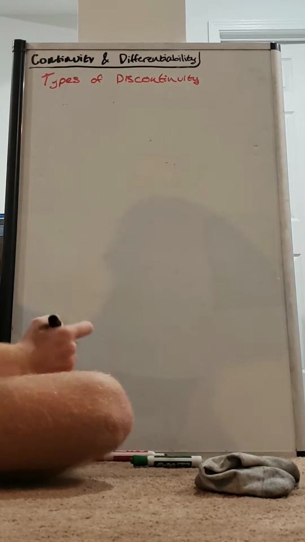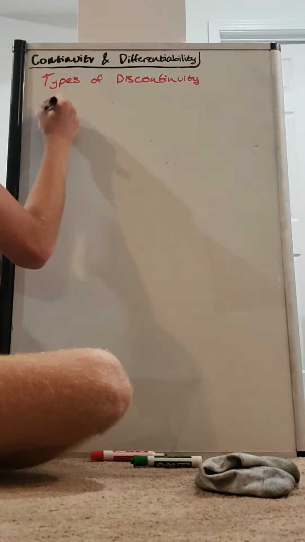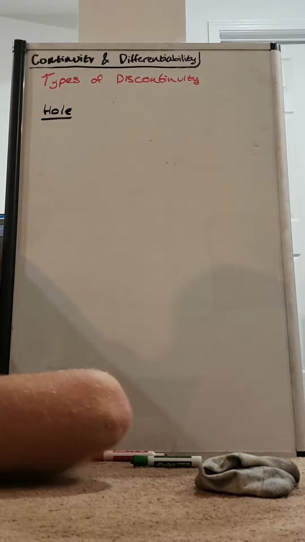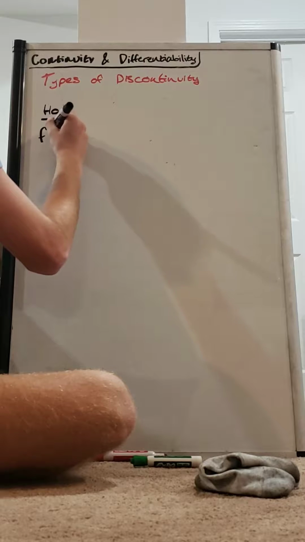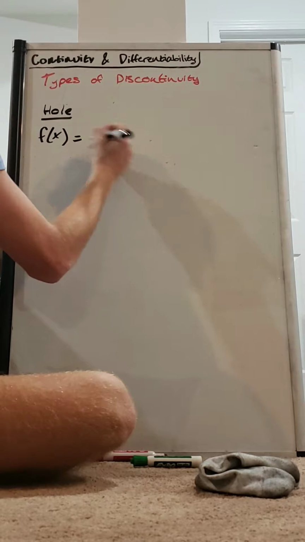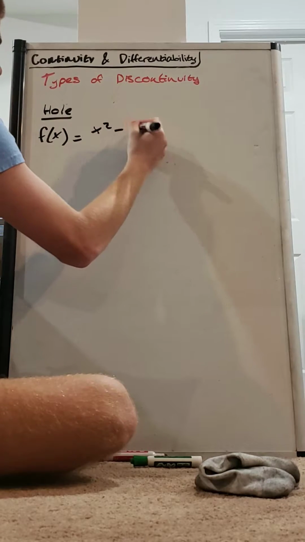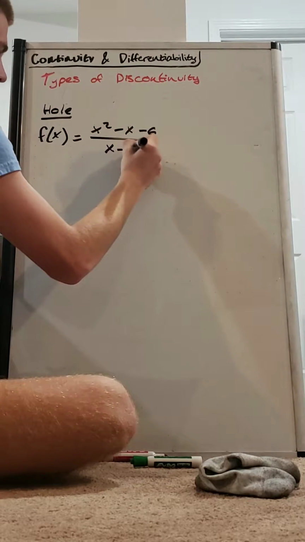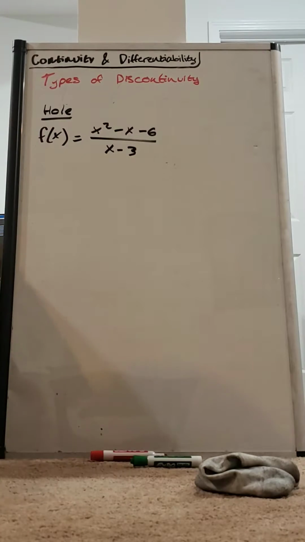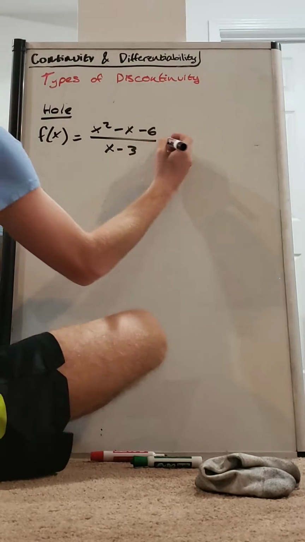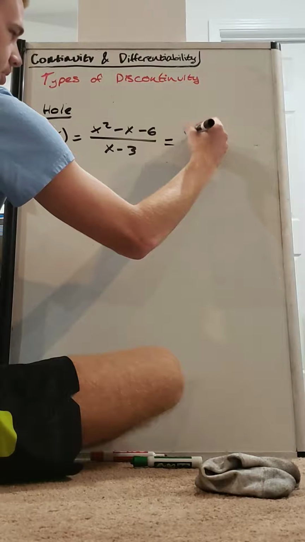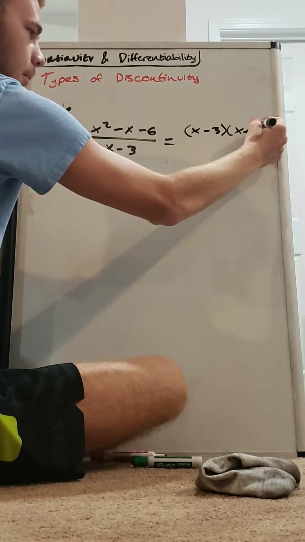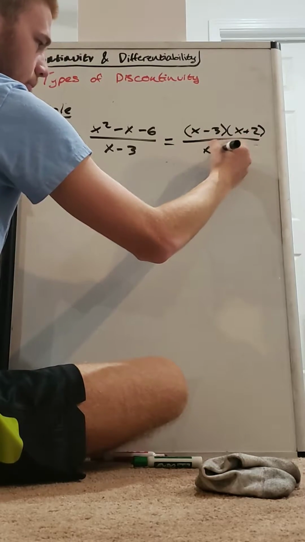Right? So the first one is called a hole, where if we had, say, something like f of x equals x squared minus x minus 6 over x minus 3. Now you may notice that for this numerator, x minus 3 is a factor. It would be x minus 3 times x plus 2 over x minus 3.